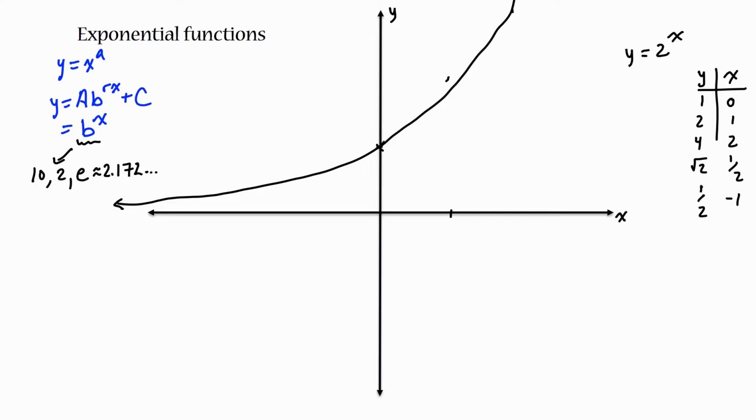If we do the same thing with a different base, y is equal to 10 to the x. At x equal to 0, we still go through y equal to 1, but when x is equal to 1, now 10 to the 1 is 10, and this function is going to go off to infinity faster, and it's going to asymptote down towards 0 faster.